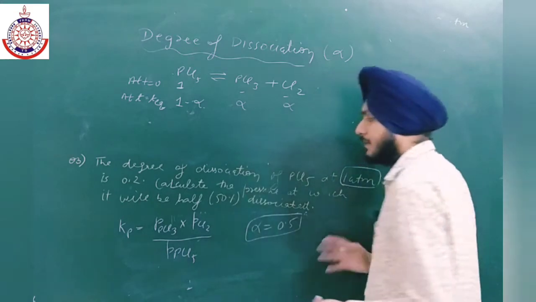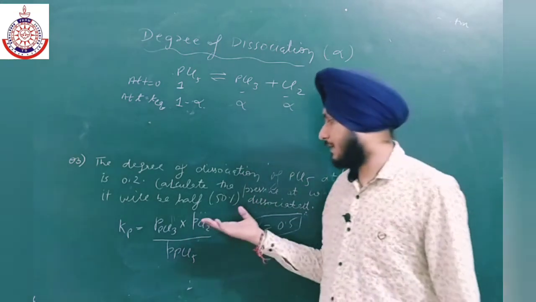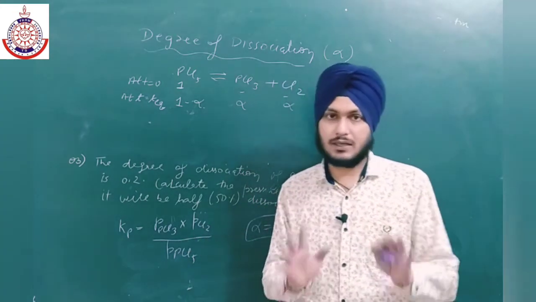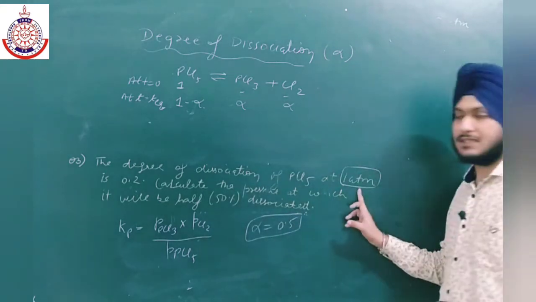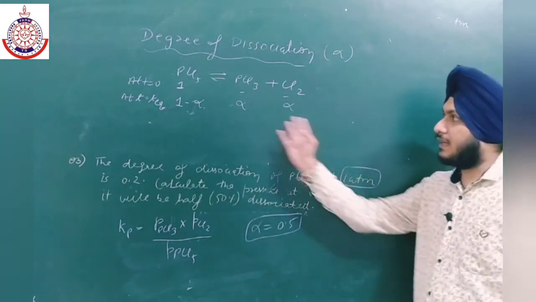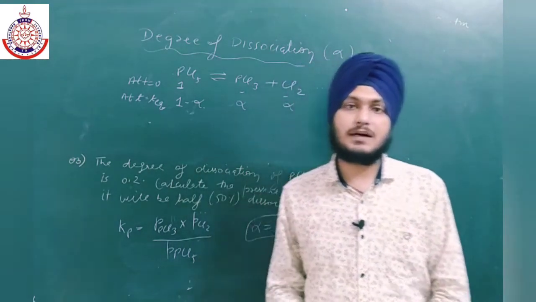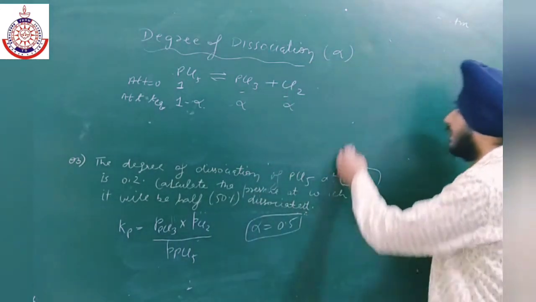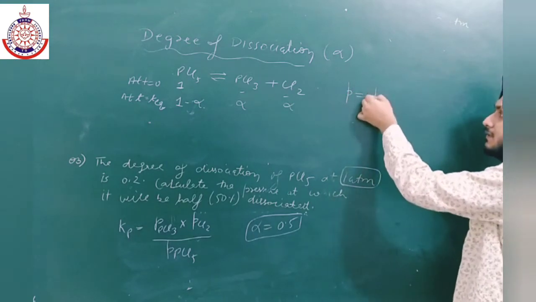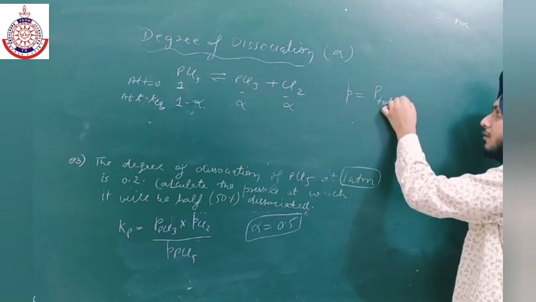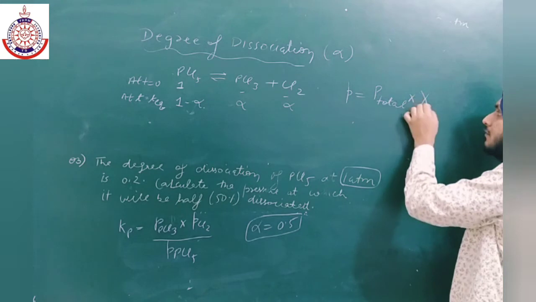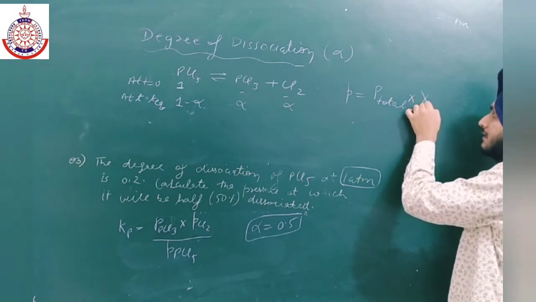The partial pressures of PCl3, PCl5 and Cl2 are not given to us, but the total pressure is given, and from here we can easily calculate the mole fraction. With the help of Dalton's law of partial pressure, the partial pressure is nothing but the total pressure into the mole fraction XA.